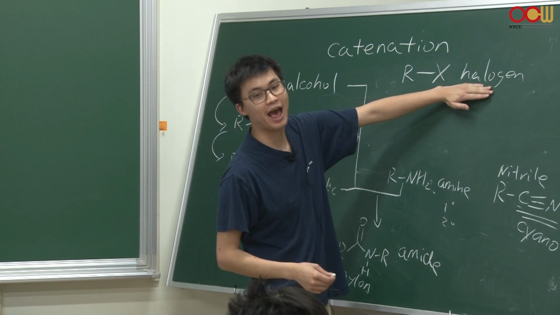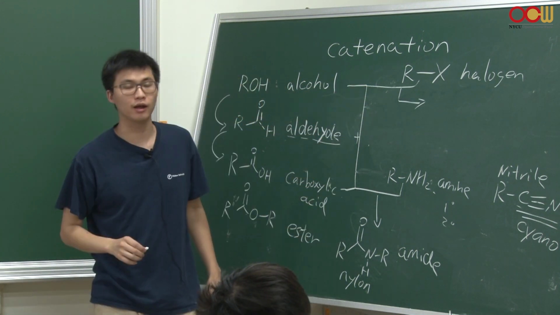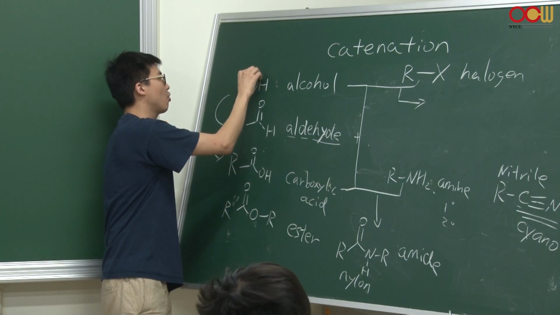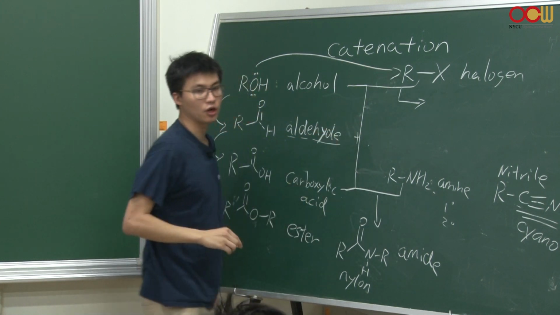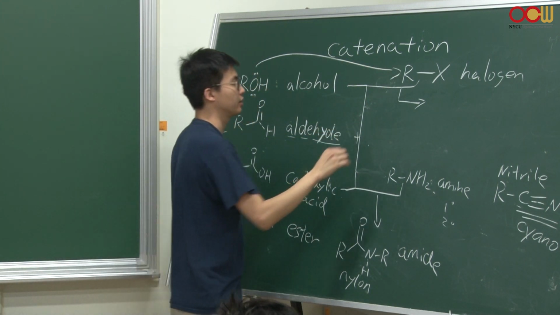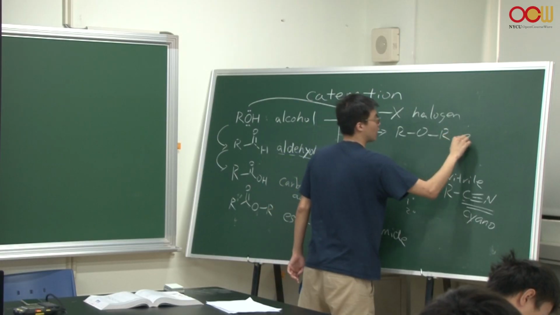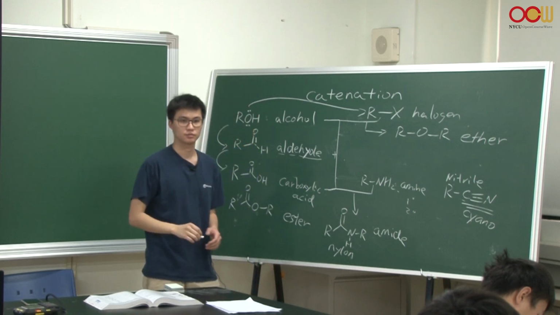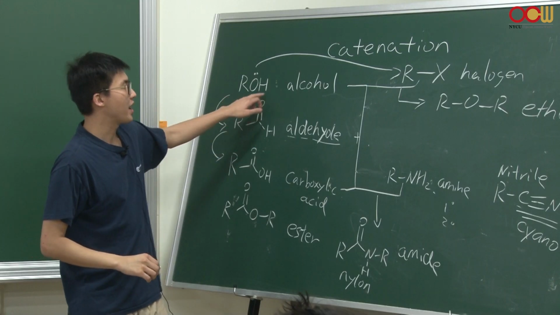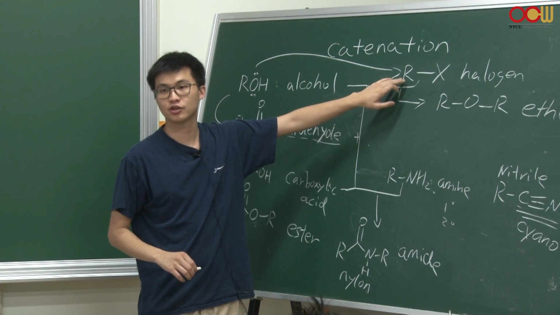Halo comes from halogen. Alcohol can also react with halogen, where its lone pair can undergo a substitution reaction and give you a structure like this, which we call ether. Depending on the structure, okay, you will go into the reaction mechanism.